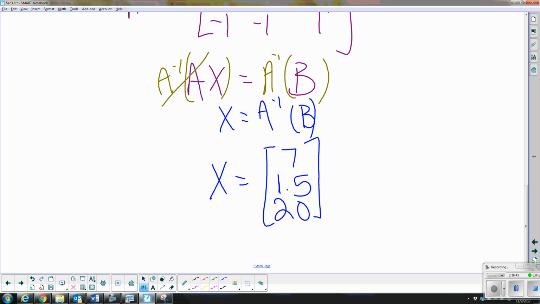and 20. So what does that mean? It asks you to find the cost of each item. So just leaving it like this is not finding the cost of each item. You need to actually say that movie passes are $7.